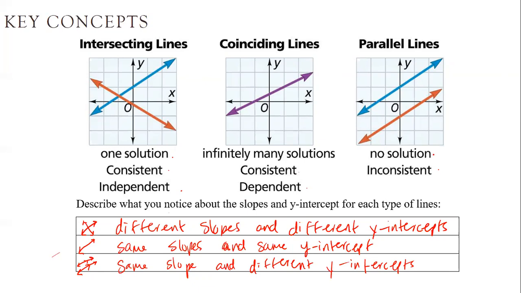So based on the slopes and y-intercepts, you can tell me if a system is going to have one solution, infinitely many solutions, or no solution. That's a horrible infinity. Not sure if I made it any better.